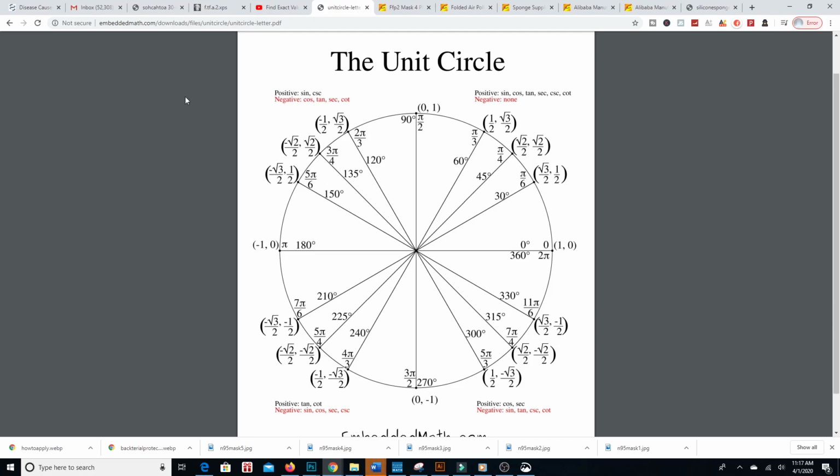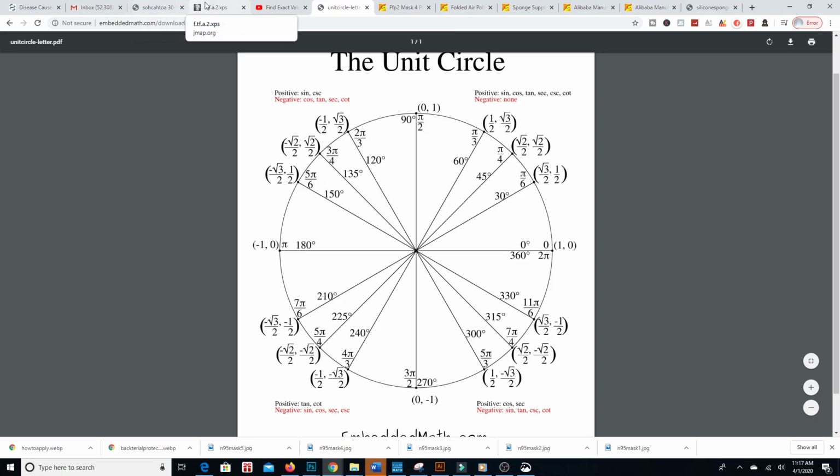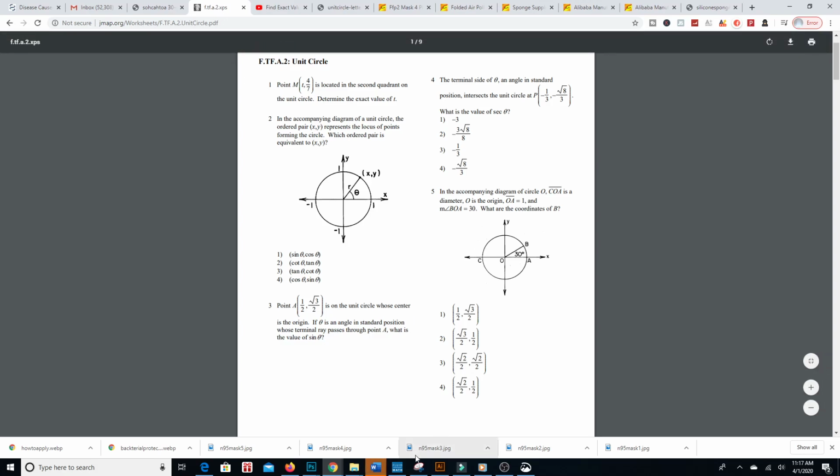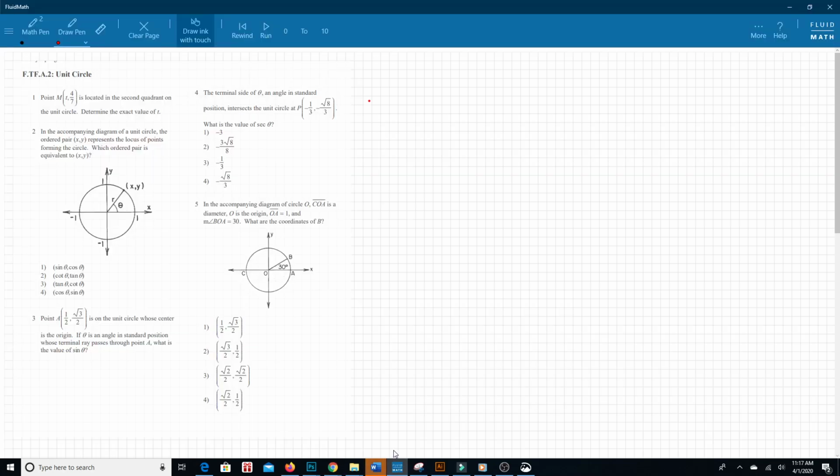So let's look at this right here. So we're over here dealing with the second quadrant, right?